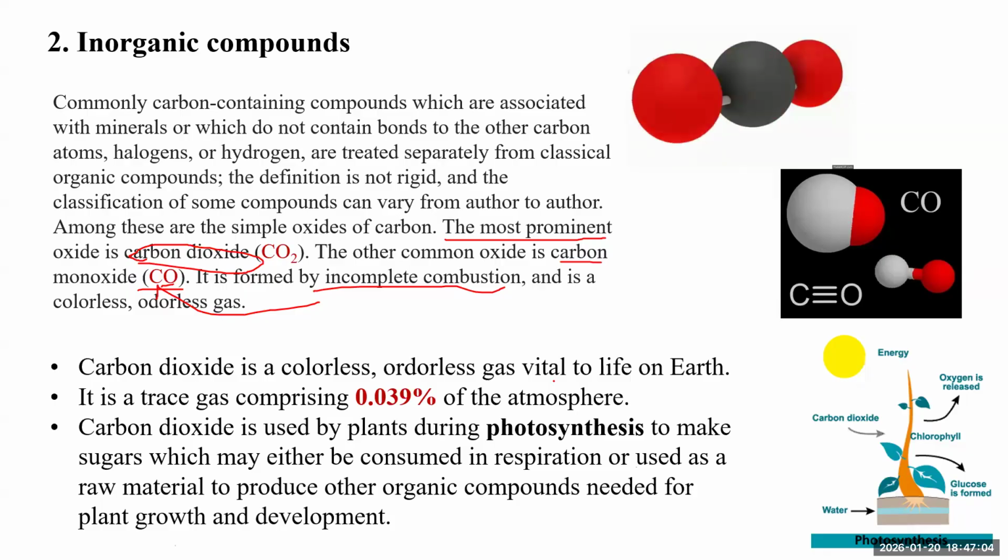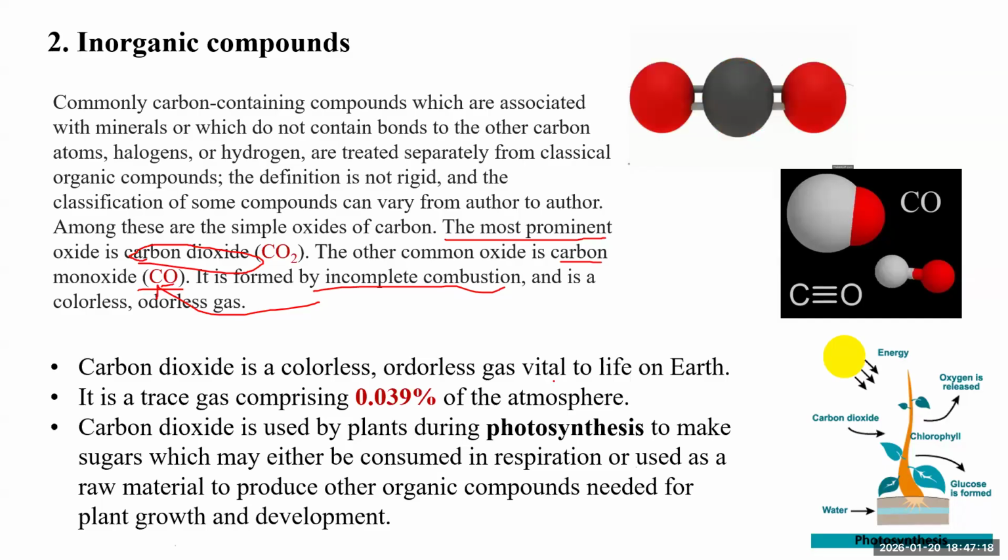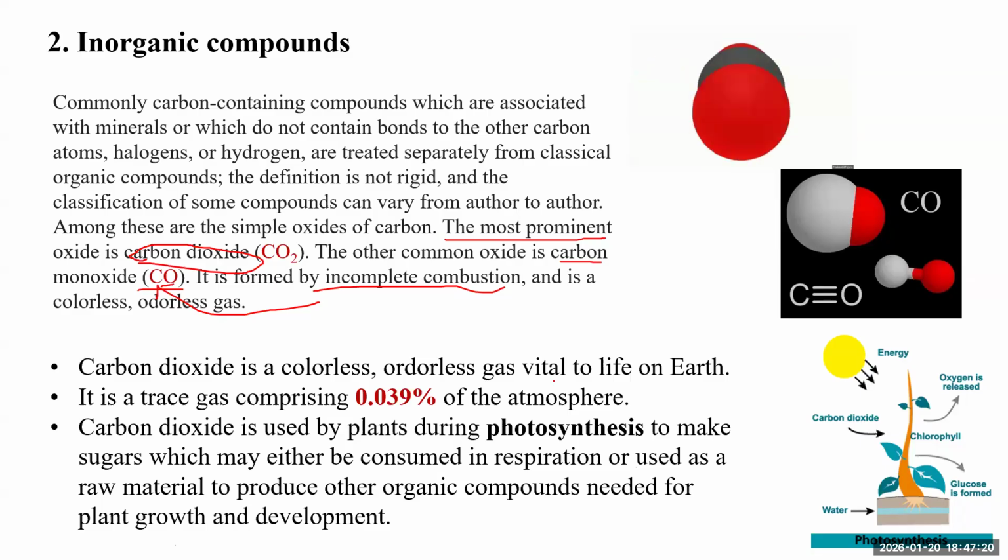So in this way, inorganic carbon compounds are turned into organic ones, which can be consumed by the plants and also by animals and by predators. Then for the life cycle, for the life on the Earth.